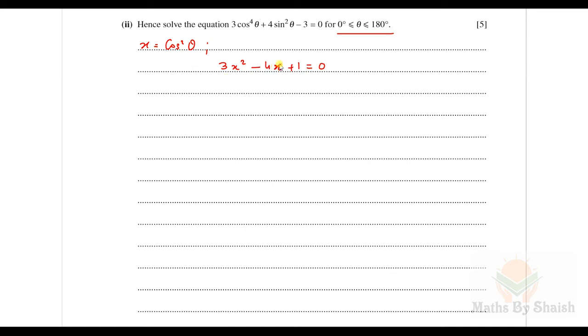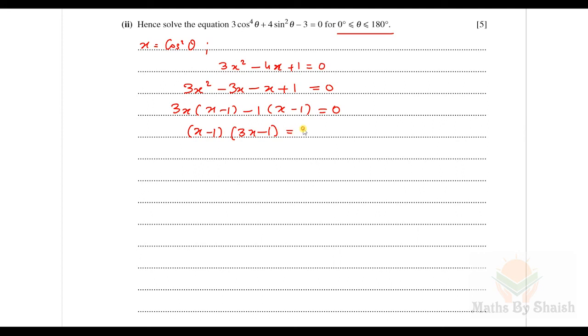So it is like 3x square minus 3x minus x plus 1. We can split the middle term and we'll get it as 3x common and x minus 1 common from the last two terms, and we'll get this is equal to 0. Or we can write it as x minus 1 and 3x minus 1 is equal to 0.